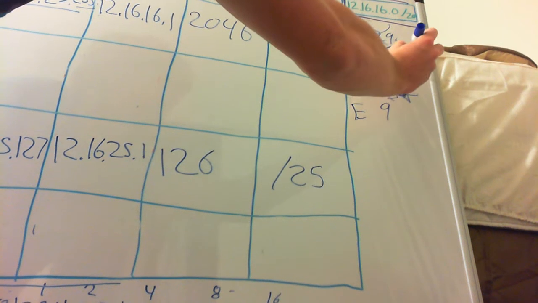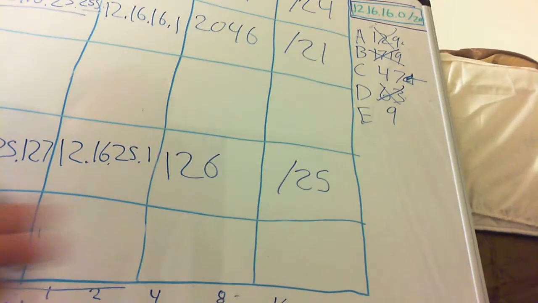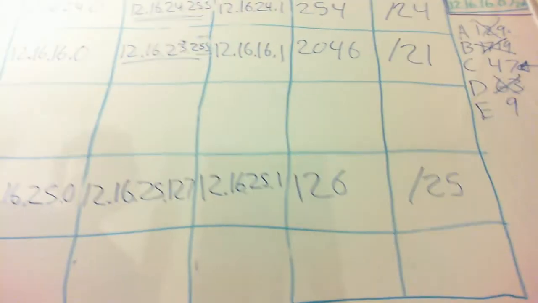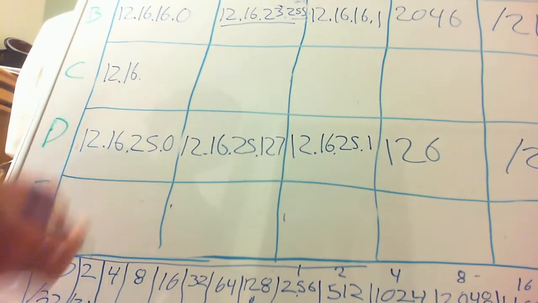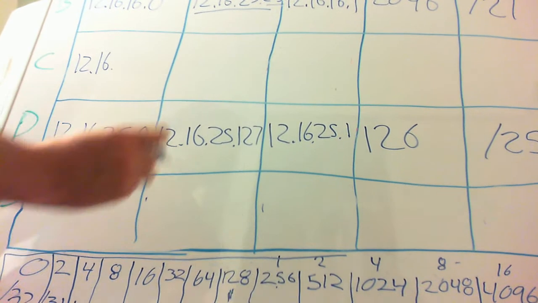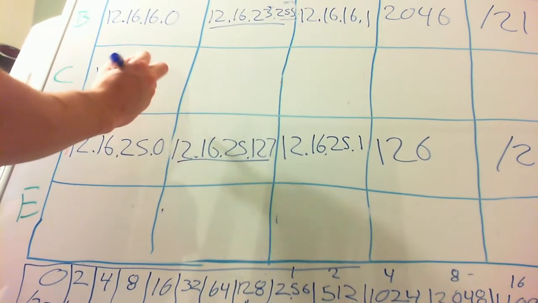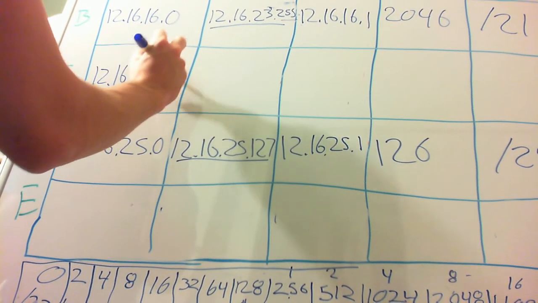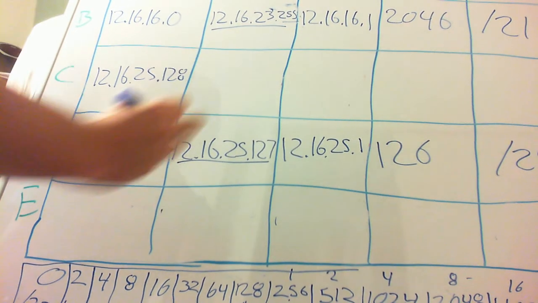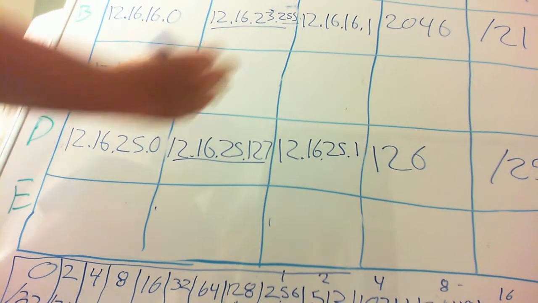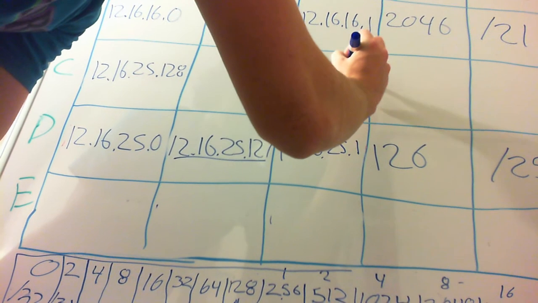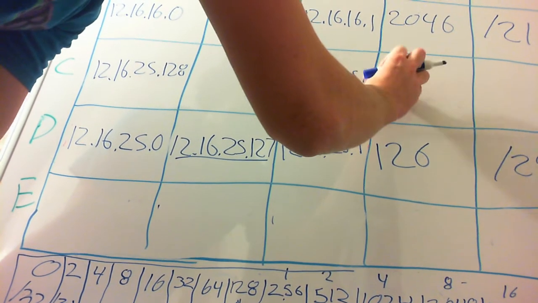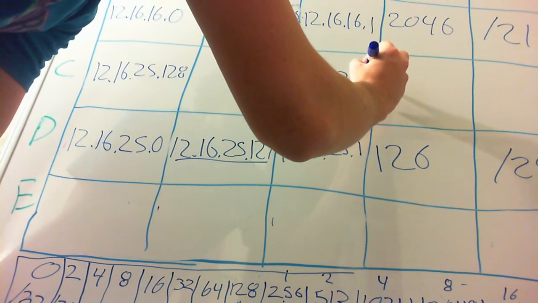But our next biggest one is 47. C, which is 12.16. One more than this number, which is our last one, 25.128. Router address is always one more, 16.25.129.